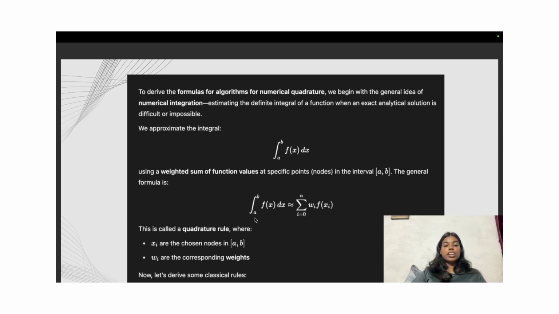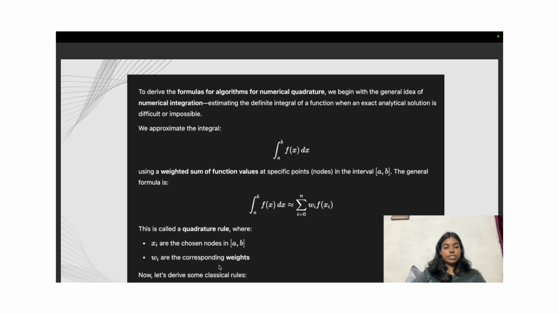The general formula is the integral from a to b of f(x) dx equals the summation from i=0 up to n of w_i f(x_i). This is called a quadrature rule, where x_i are the chosen nodes in [a,b] and w_i are the corresponding weights.